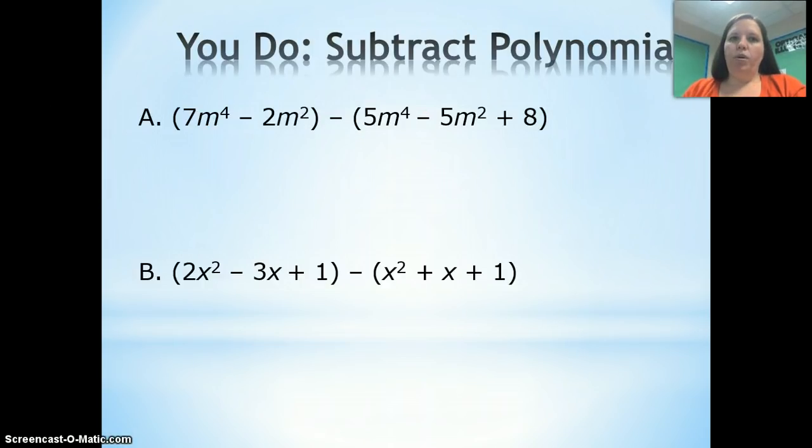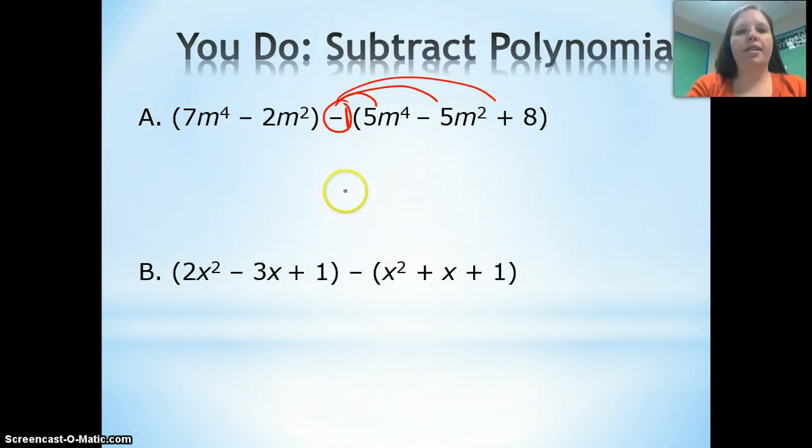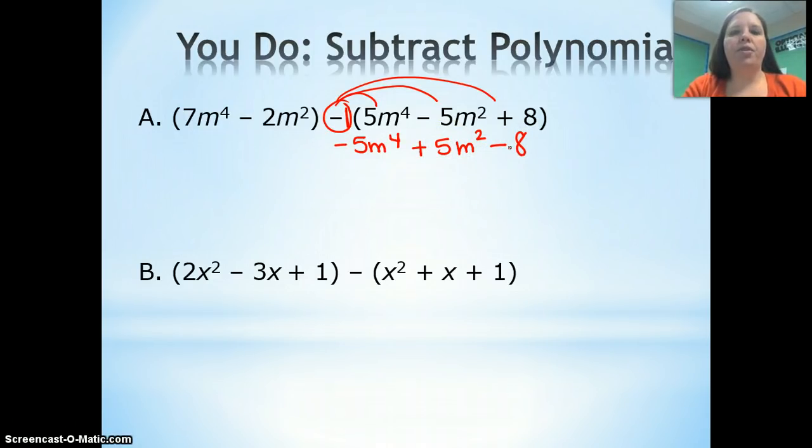So one more set. You guys try, subtract the polynomials. Watch out for that negative. After you've paused, distribute the negative 1, and it's only being multiplied to the second parenthesis. So this is negative 5m to the fourth. Negative and negative makes that positive 5m squared, and minus 8. The biggest thing I see on these problems is people forget to distribute to all the terms in the second parentheses.